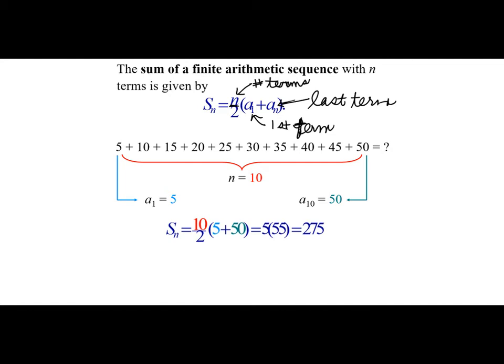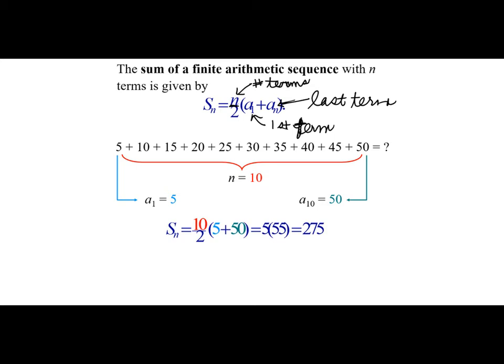So here, if we had an example of a finite arithmetic sequence like this, 5, 10, 15, 20, 25, 30, 35, 40, and so forth, what we could do is add up that list of numbers that are given, and we can also use our formula that's given.